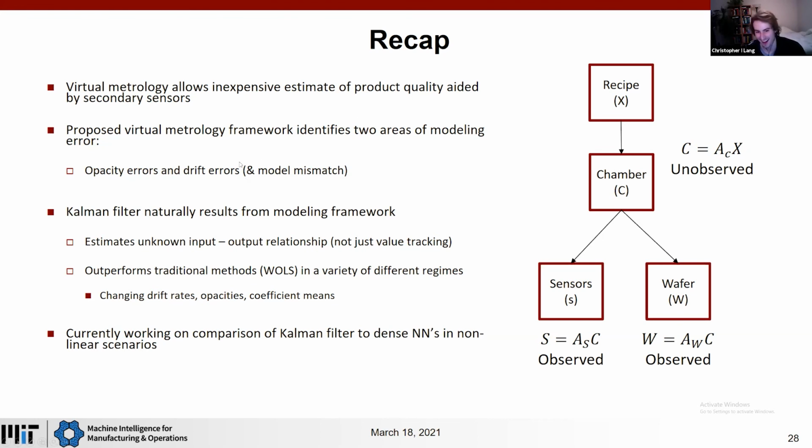Also, I didn't talk about it here, but we did end up talking about it, and I think model mismatch is also probably a third really big category of error that you can have. And it is also worth considering. It is distinct from opacity error. Actually, I take that back. It's definitely distinct from opacity error.